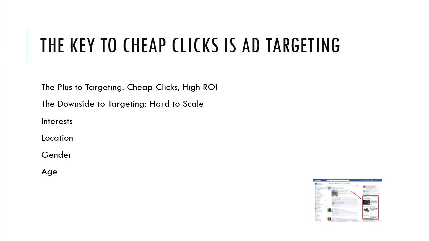Age. Okay, age. Now, in the beginning, when you start to look at age, and we'll talk about this in one of the later videos, you're not necessarily going to want to limit too much where you're targeting age. You want to find out first. You're going to get a report from Facebook that will tell you who's clicking your ad, and then that's when you'll start to come back to re-optimize your targeting, and you might shut off some of the age groups where people are not clicking your ads.